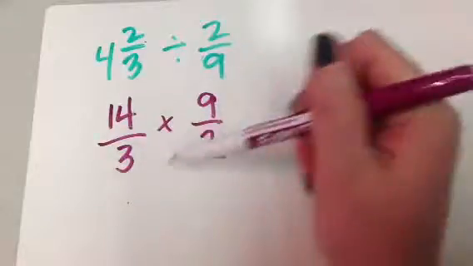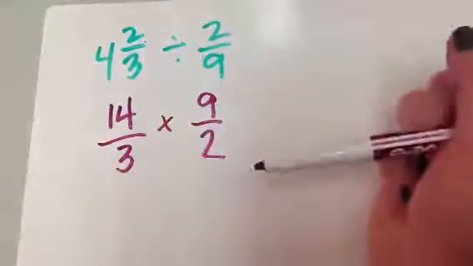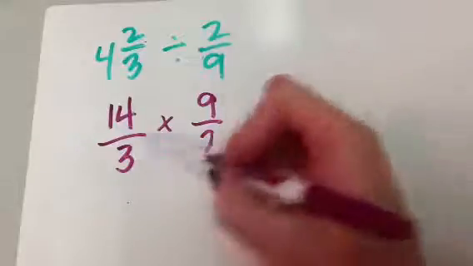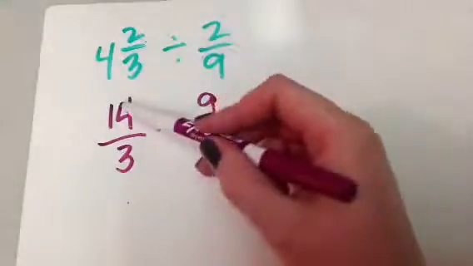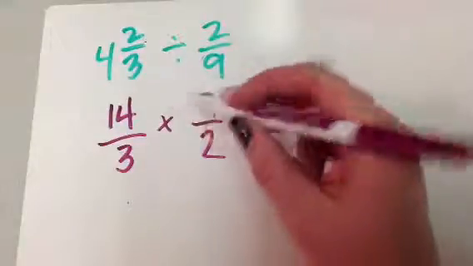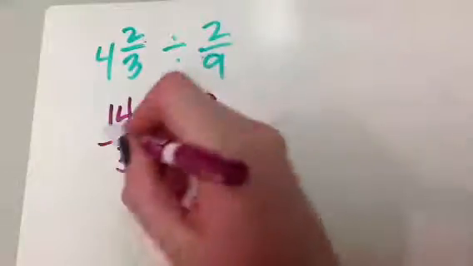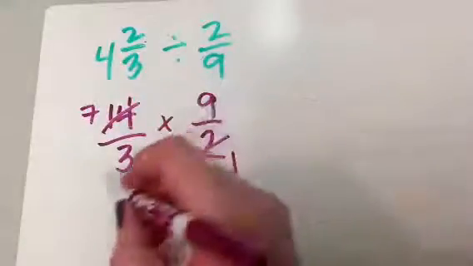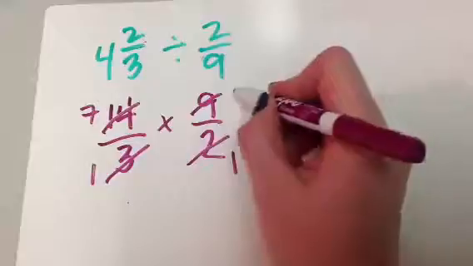And so again, at this point, I can cross-cancel anything I want to, right? Well, in this case, both of these numbers are factors of the numbers up top. So 2 is a factor of 14, so I can divide 2 out of both of these. 3 is a factor of 9, so I can divide 3 out of both of these.